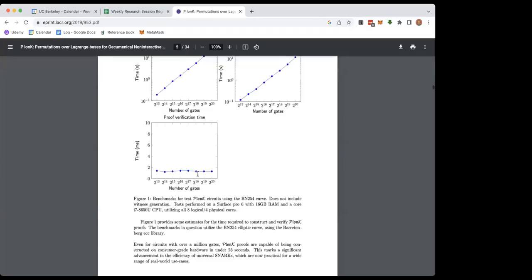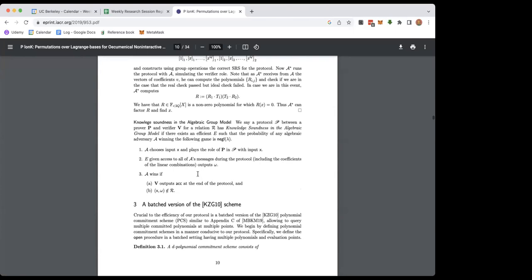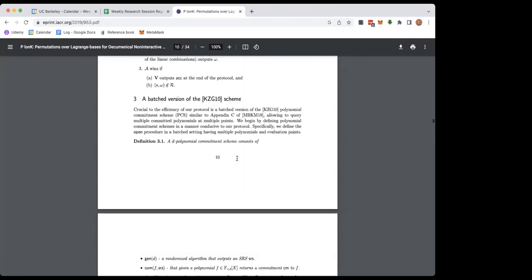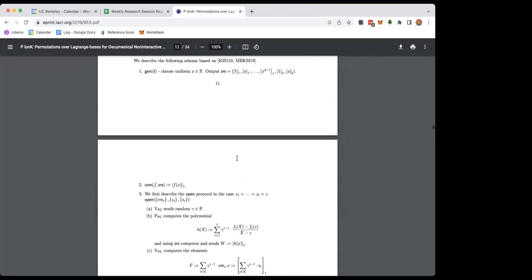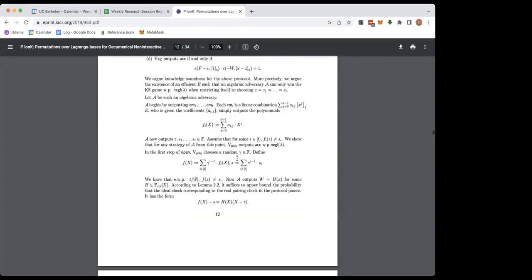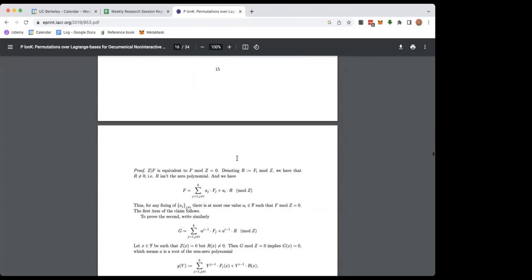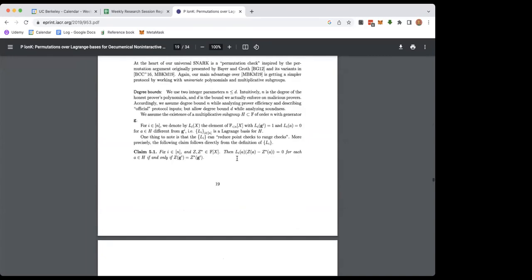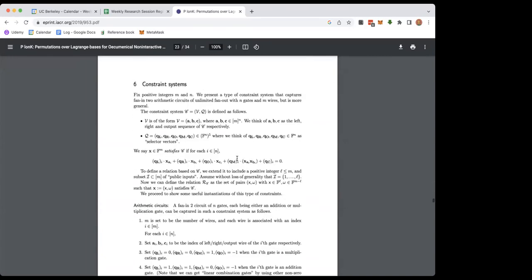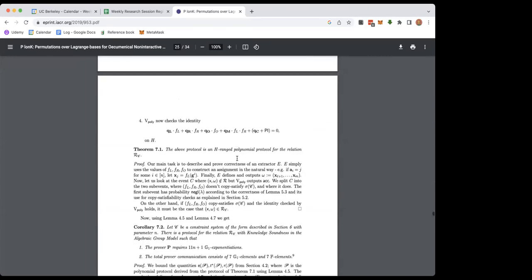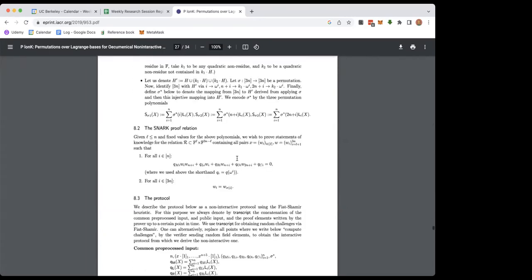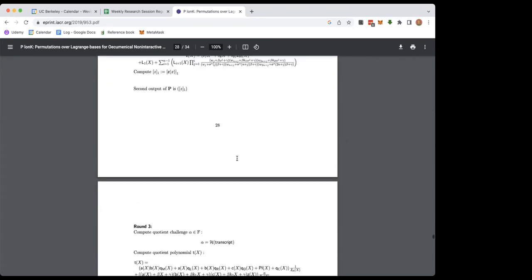So this is a good question. Basically, how does the permutation check cause the quotient polynomial to be more complicated? Okay, right here.